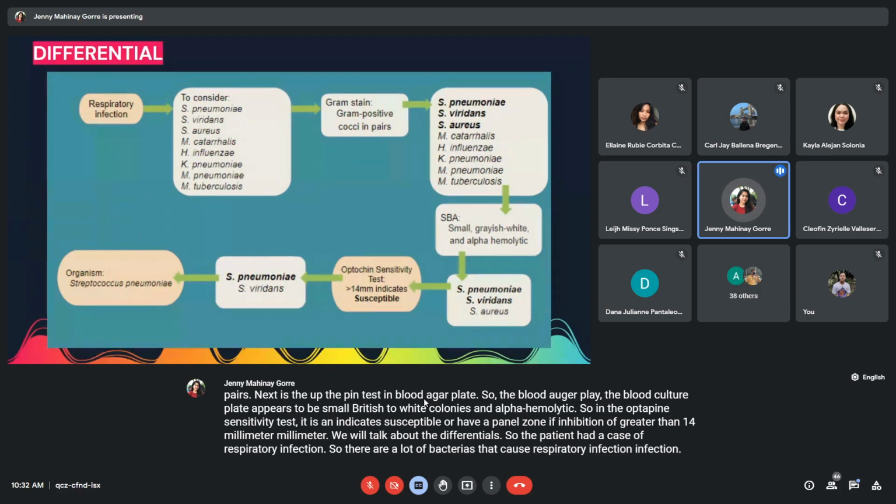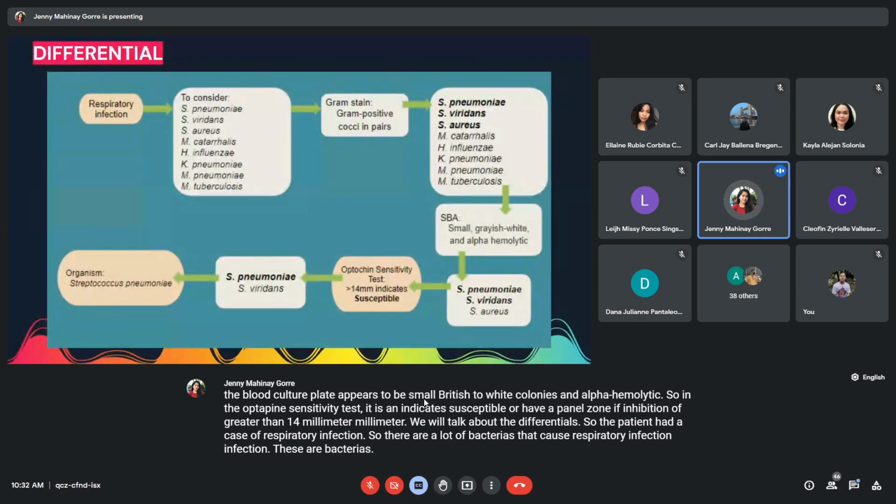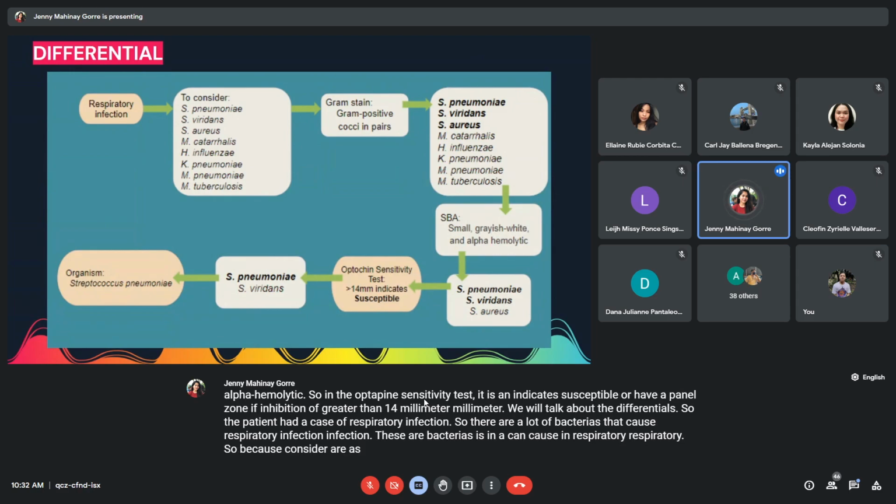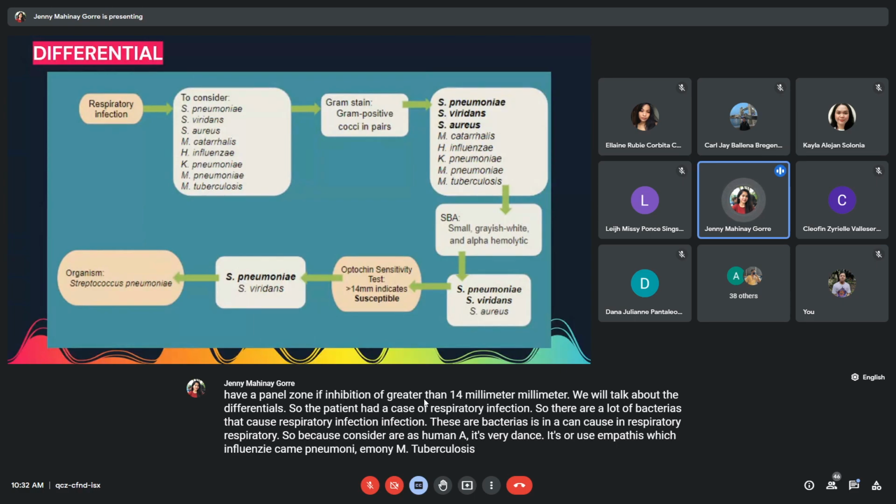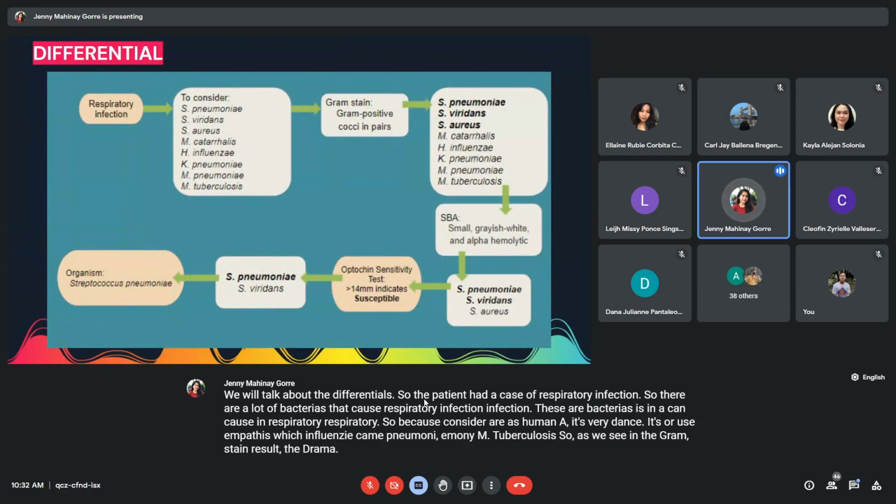Those to consider are S. pneumoniae, S. viridans, S. aureus, M. catarrhalis, H. influenzae, K. pneumoniae, M. pneumoniae, and M. tuberculosis.